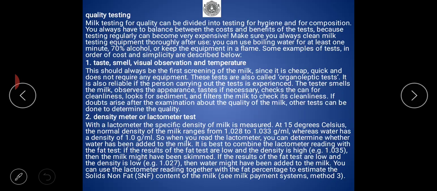So when you read the lactometer, you can determine whether water has been added to the milk or not. And it is best to combine the lactometer reading with the fat test.